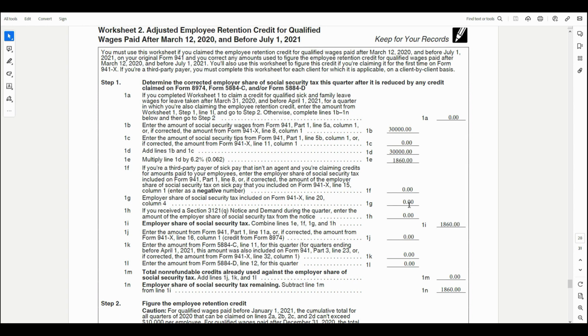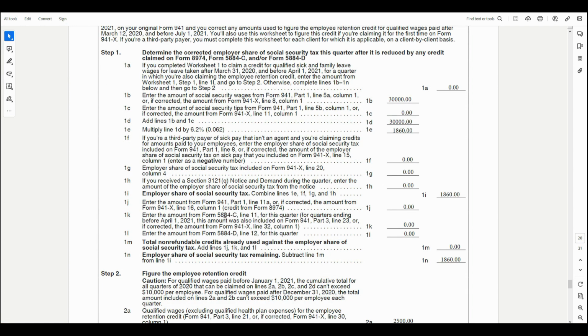So we have a 0 amount, because we're not correcting that. If you receive the Section 3121 notice and demand, we're assuming no, so 0 amount there. And then essentially what you have is employer share of Social Security tax, which is 1860. Enter the amount or the corrected amount here. Again, we have 0.